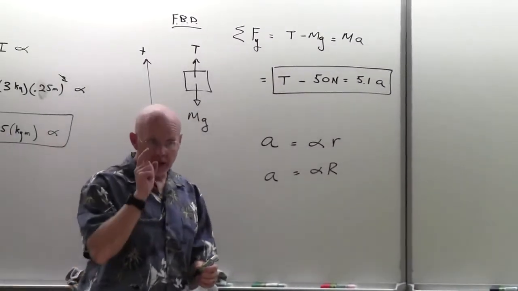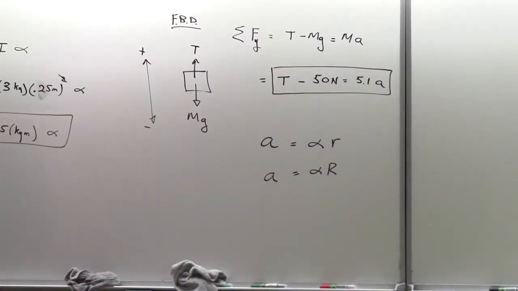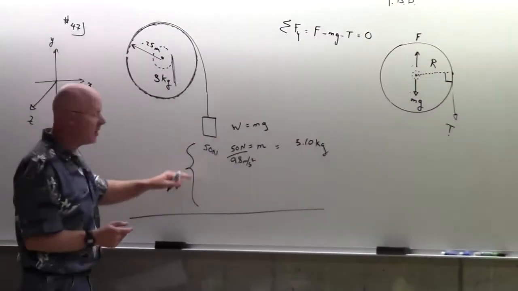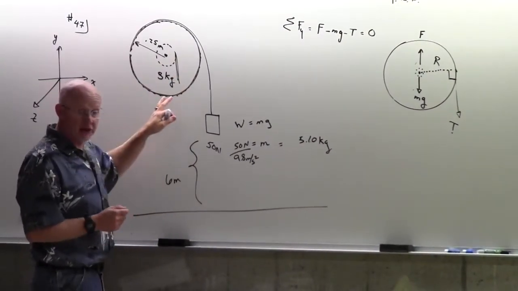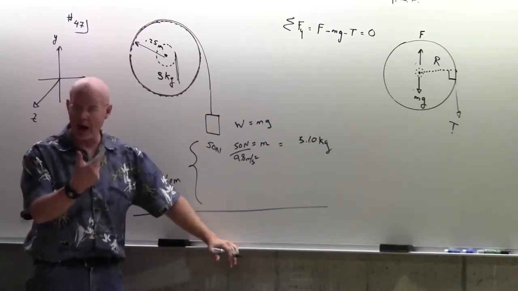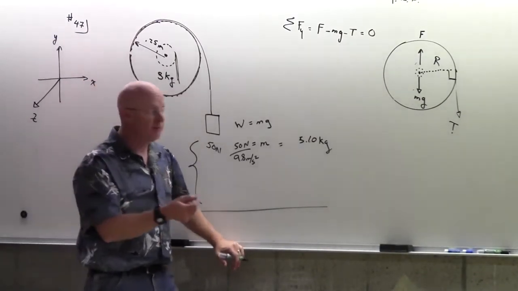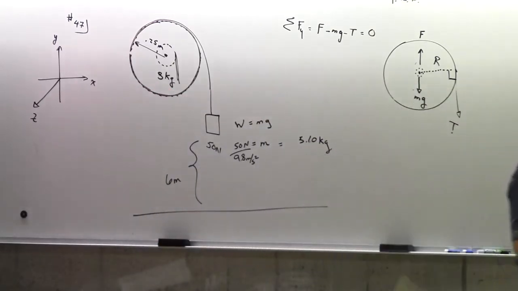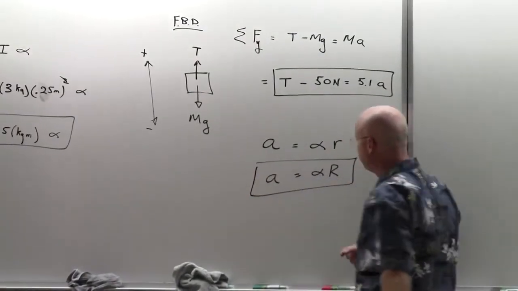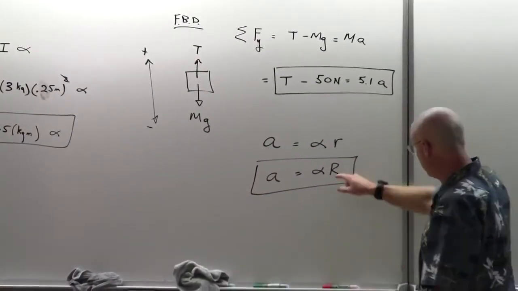Okay? The key to realize here in this physical picture is that the acceleration of this object going down is the same as the string, and the string is the same to whatever part of the rotating object it happens to be tied to or wrapped around, and in this case happens to be the rim. And so this is the connection between alpha and R. In fact, I should put in the number here.